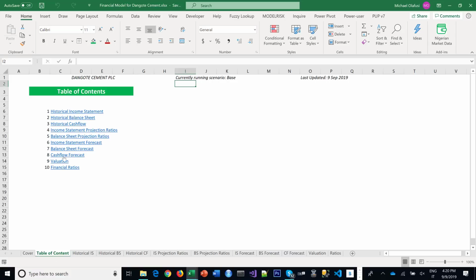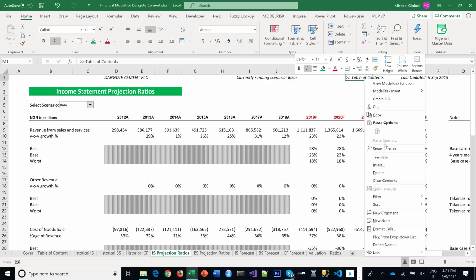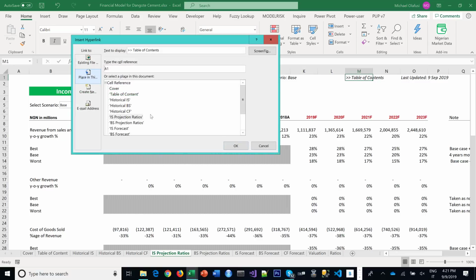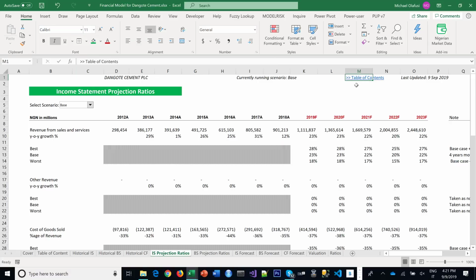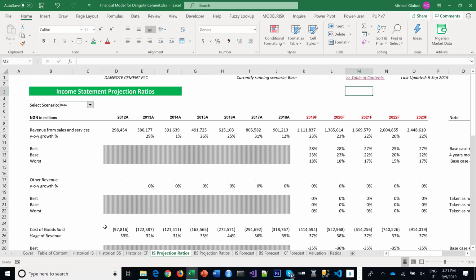One other thing, this table of content I've done makes it easy for me to jump around. Maybe I have not demoed that for you. See, I can jump around. I can also decide to go back to the table of content, so you can go back to the table of content from wherever you are. So I'm going to say that these should link back to table of contents. So that way, whenever I click on this, it takes you to table of content. And I want that to happen to all of the other sheets.